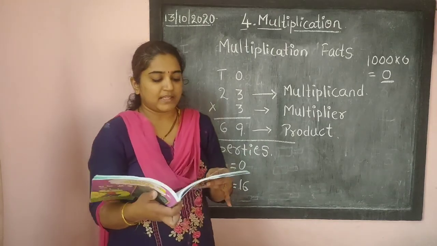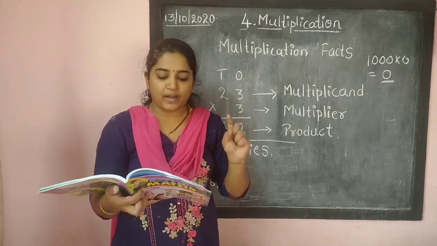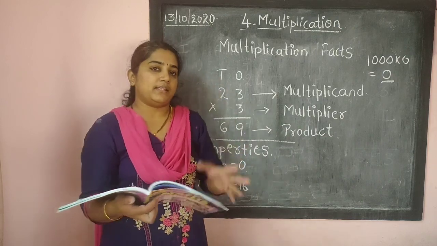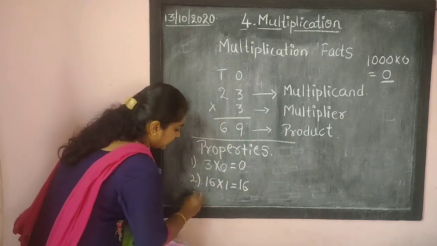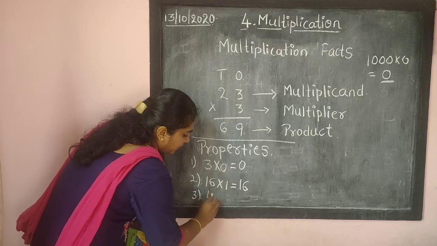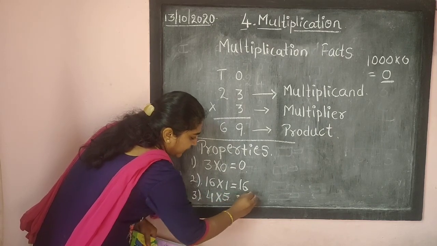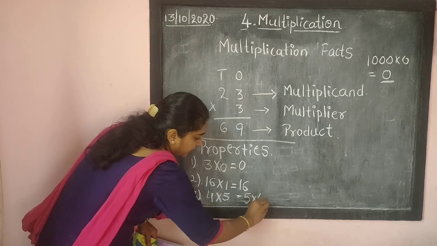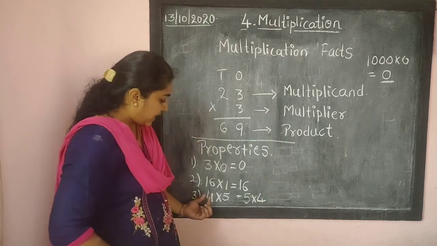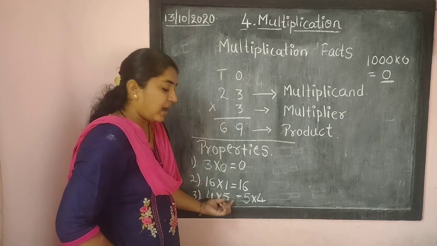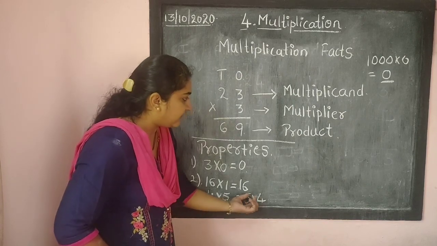The third property is, the product of numbers remains the same even after changing their order. See here, I will show an example. 4 into 5 is equal to 5 into 4. I am changing the order. The first number is 4. 4 into 5 is also equal to 5 into 4.